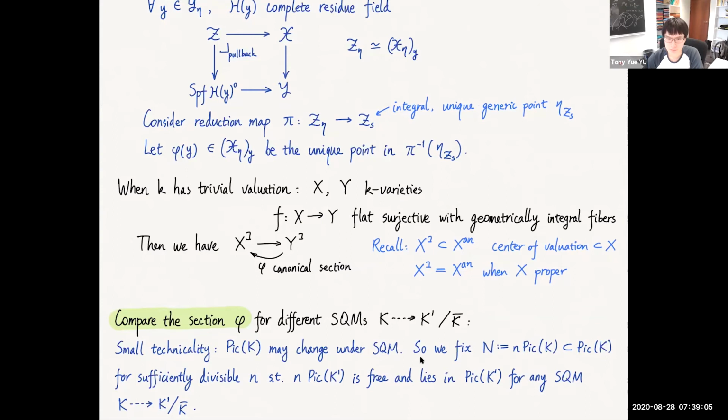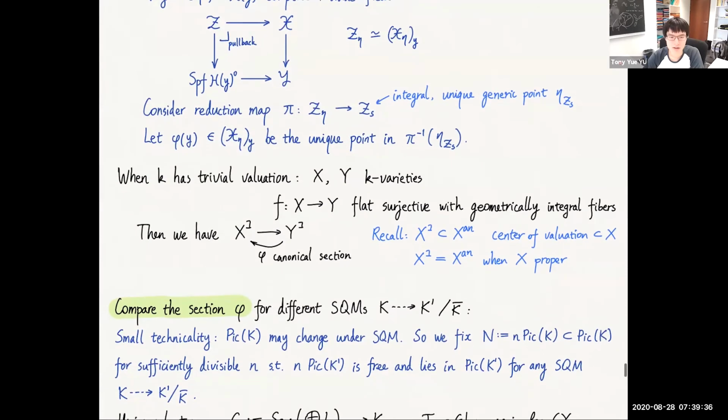So for this, we fix some scaling of the Picard group for sufficiently divisible n such that n times Pic K prime is free and lies in Pic K prime for any small birational modification, K prime over K.